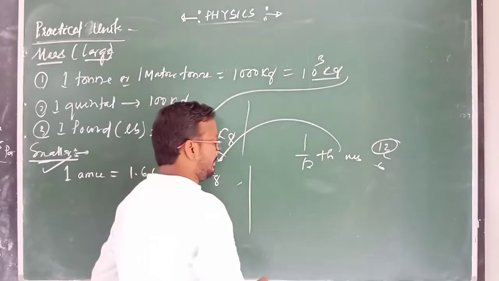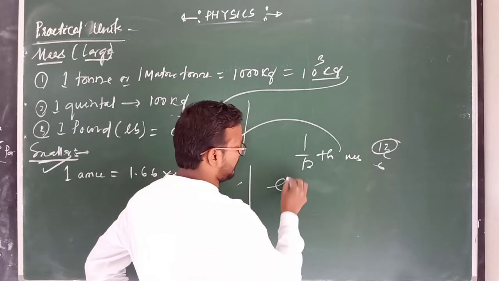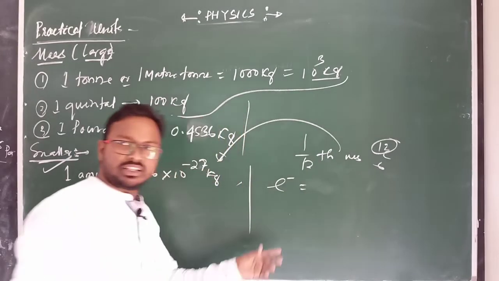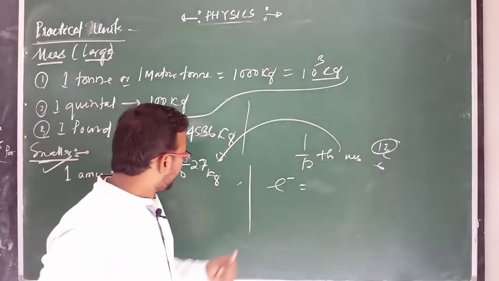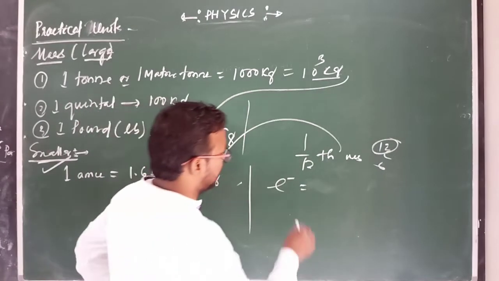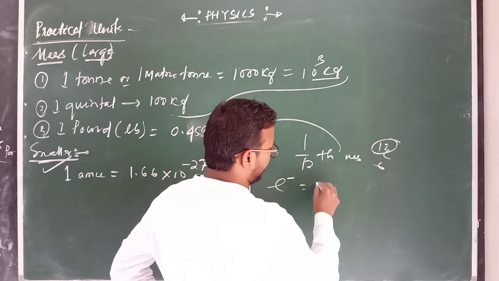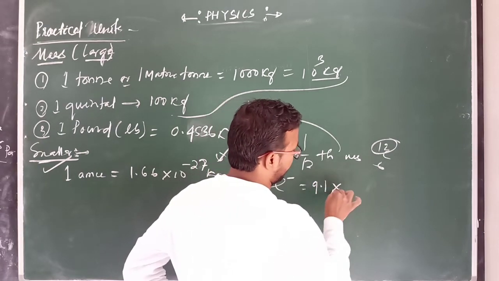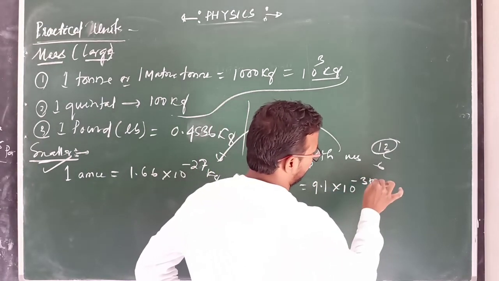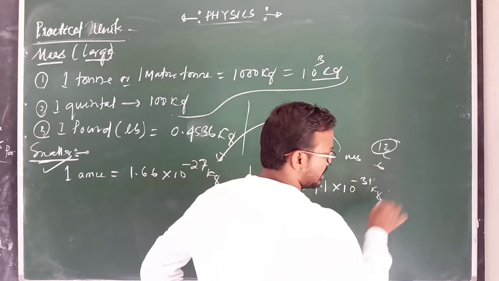Suppose you have to measure the mass of an electron, then how can we measure this mass? Here we use the mass of electron, which is equal to 9.1 into 10 to the power minus 31 kilogram. Clear?